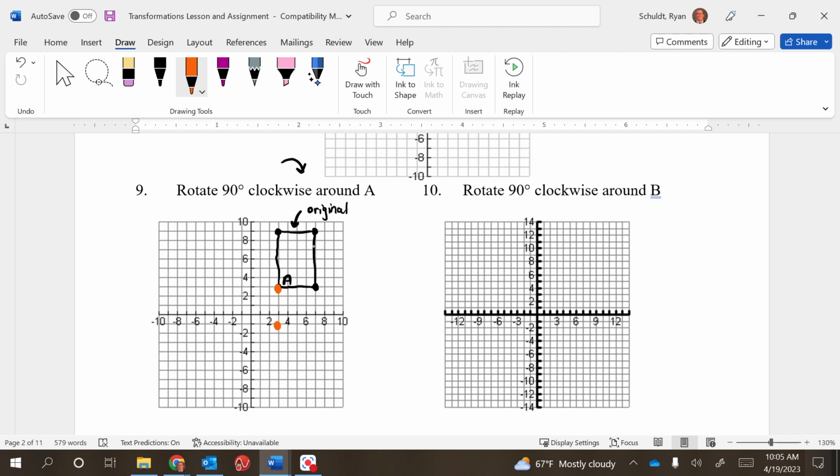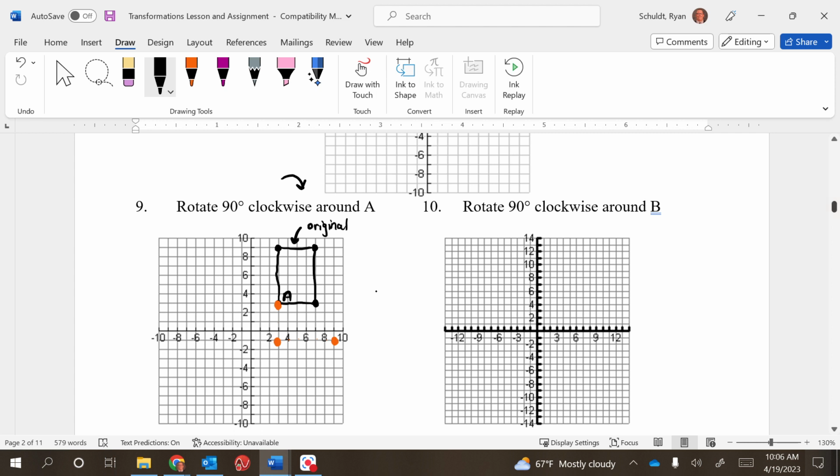1, 2, 3, 4, 5, 6. So I'm going to label these inside. That was A, B, C, D. This is B, that's C, that's D. Okay, there's my other point. So this is going to be the new rectangle.